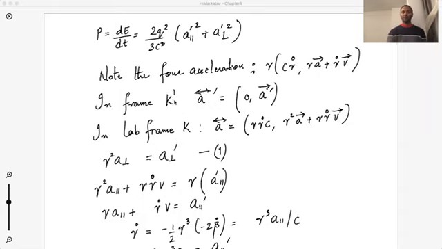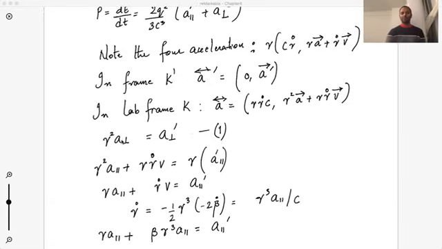So let's say I want to go from K prime frame to K frame. I'm going to apply a Lorentz transformation, right? So let's do the Lorentz transformation for the perpendicular acceleration. In this case, the quantity is perpendicular to the velocity, which means the velocity term here is going to be 0 in the perpendicular direction, right? So we are only talking about quantities perpendicular to the velocity here.